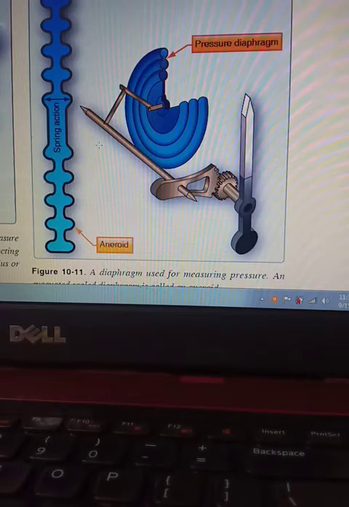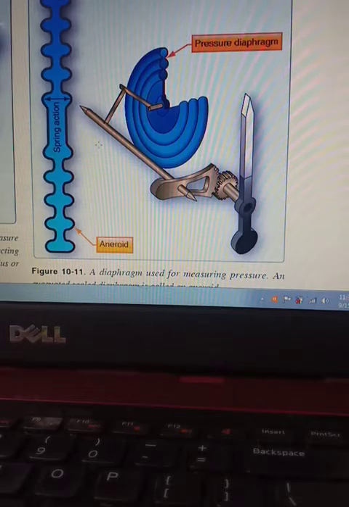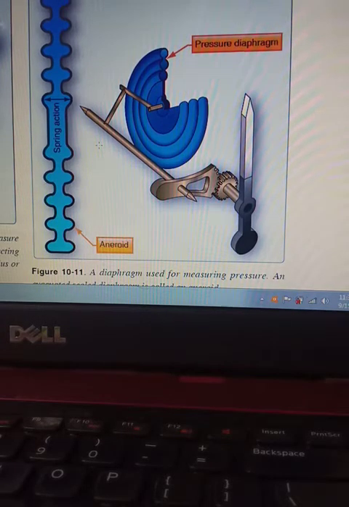Okay, we will continue with another type of sensing mechanism. By the way, Bourdon tubes are made of brass, bronze, or copper. Those are the types of metal used in a Bourdon tube.